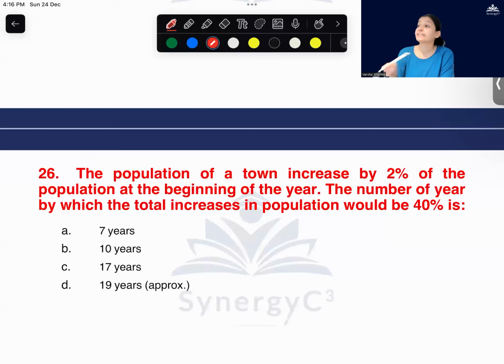We don't know what I started with, so I'm taking my initial population to be 1. If my initial population is 1, I want it to increase by 40%. So increase 1 by 40%. What is that? 1 plus 40% of 1. How much is that? 1.4?